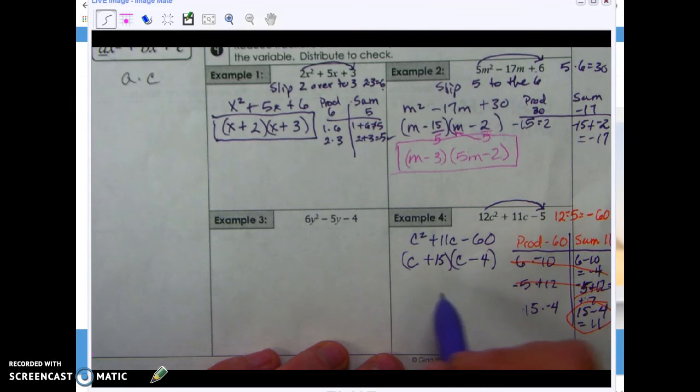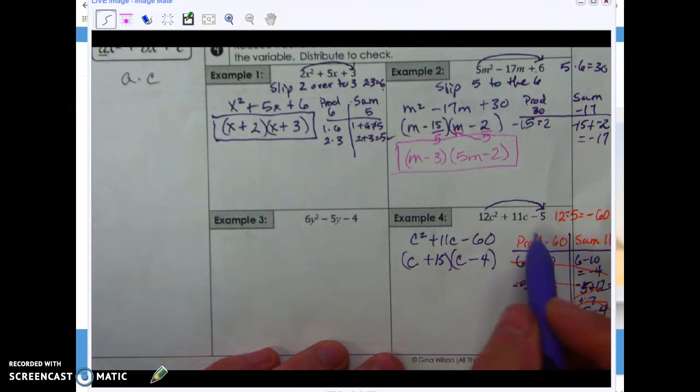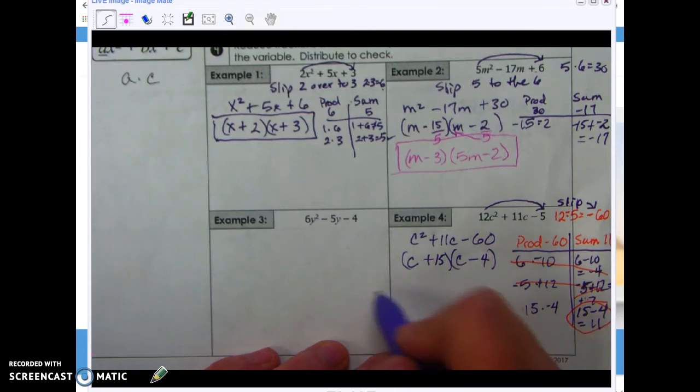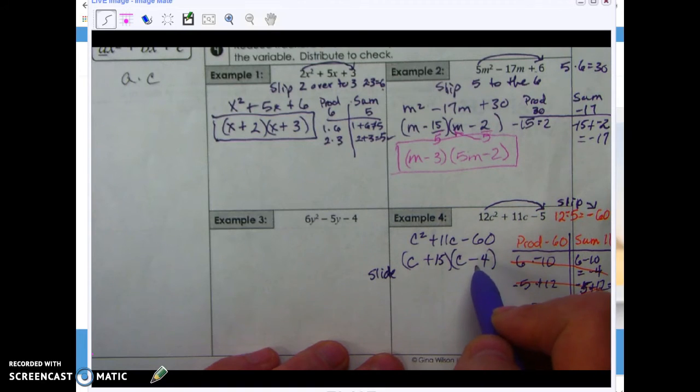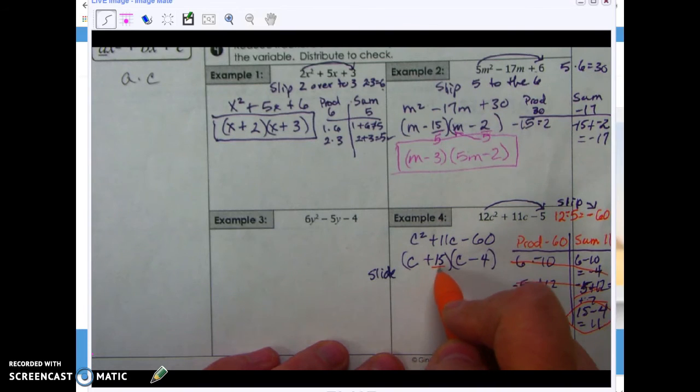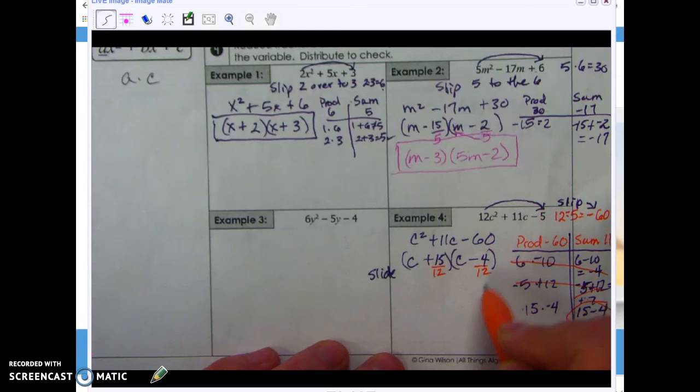Okay, now I did my slip over here. This was my slip. When I did the 5 times 12, that gave me my negative 60. That was my slip. Now I'm going to slide the 12 back under here. Put a 12 there.